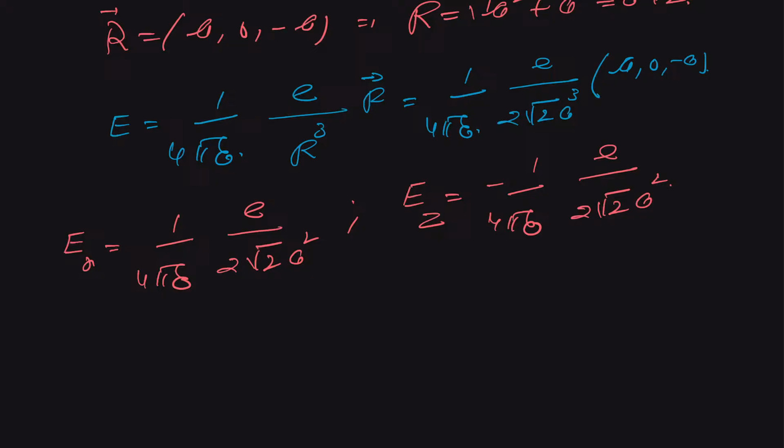Obviously our y component will be equal to 0 because its coordinate is 0. Now we come to the field when the muon is moving.